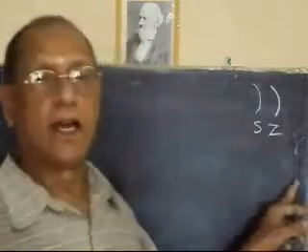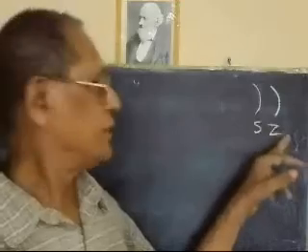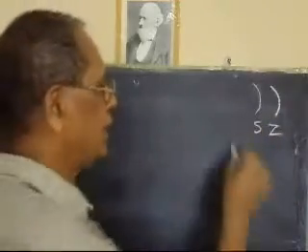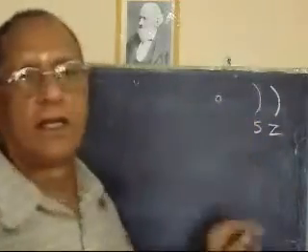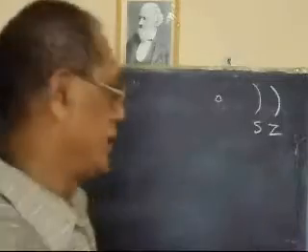S and Z are not only represented by the basic stroke forms S and Z, but also by a small circle. A small circle represents S initially, medially and finally.